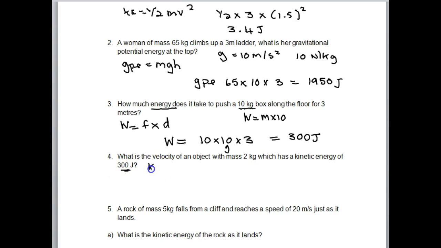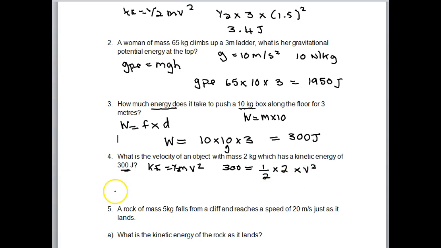So we know that using the equation, kinetic energy is a half times mass and the speed squared, or velocity squared. We need to put in the numbers that we've got. So the easiest way is to put in we've got 300 joules of kinetic energy, and that's got to be equal to a half times the mass, which is 2 kilograms, times v squared.